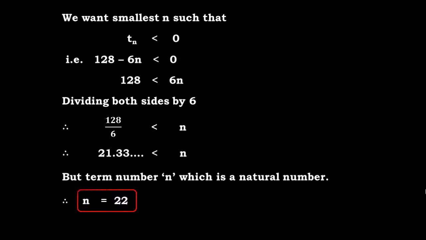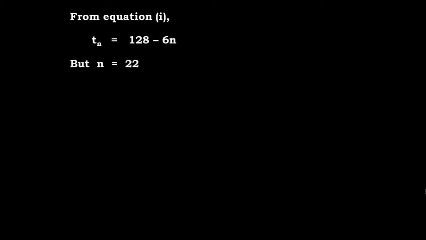Now n is 22, that means we can find T of 22. So already we have equation number 1. So from equation number 1, T of n is equal to 128 minus 6n. So T of 22 will become 128 minus 6 into 22, that is 128 minus 132.